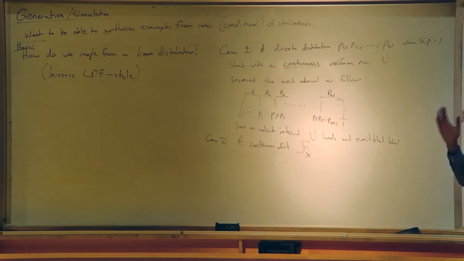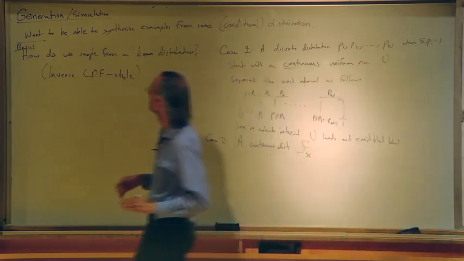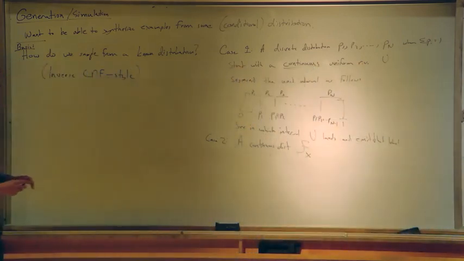How you use randomness is the name of the game in everything here. There are a bunch of approaches in the spirit of the inverse CDF style, that take random things and run them through a function that should be like the inverse CDF and generate something that comes out.